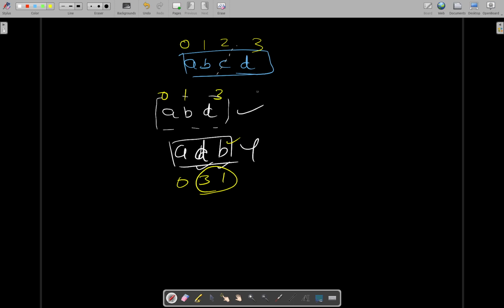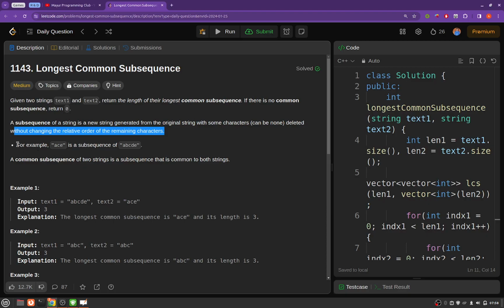Okay, so this is what a subsequence is. For example, ACE is a subsequence of ABCD if you delete B and D. A common subsequence of two strings is a subsequence that is common to both of the strings.